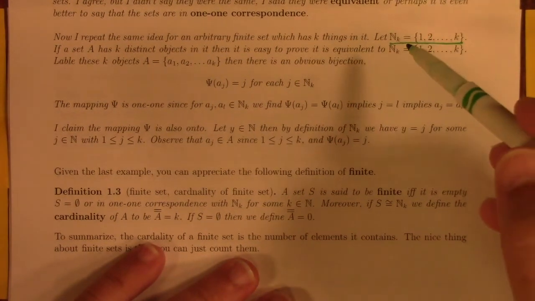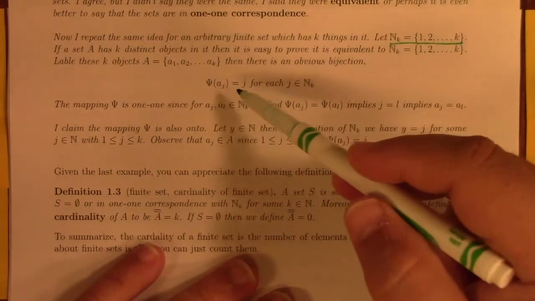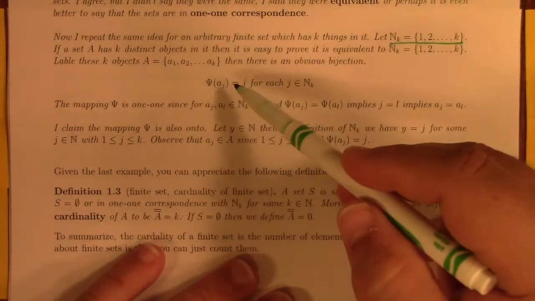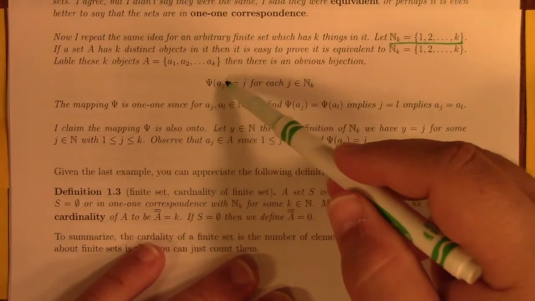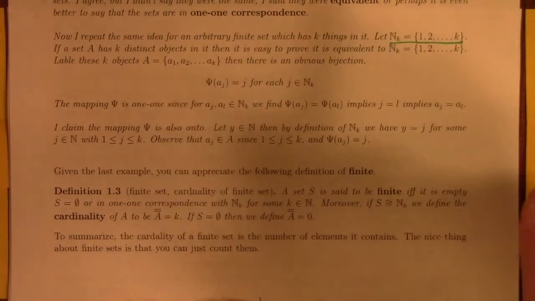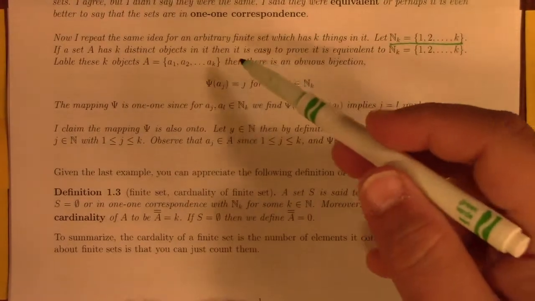If there is, then we could make the bijection basically psi of j equal to the j-th thing in the set, and that's going to give us a one-to-one and onto mapping if there actually are k things in the set.